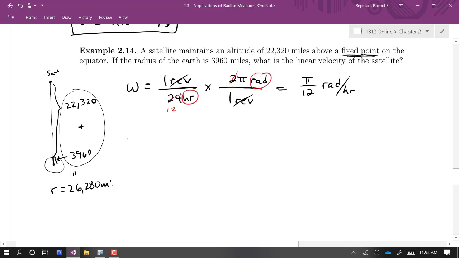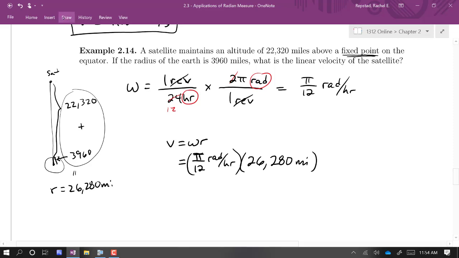Okay, so next, now we're ready. We have our omega, we have our r, so V is equal to omega r, and that is pi over 12 radians per hour times 26,280 miles.